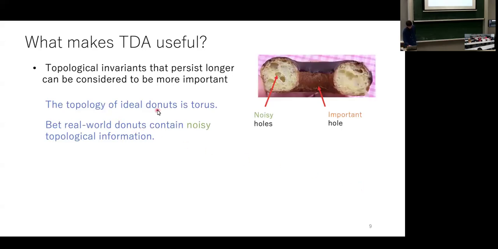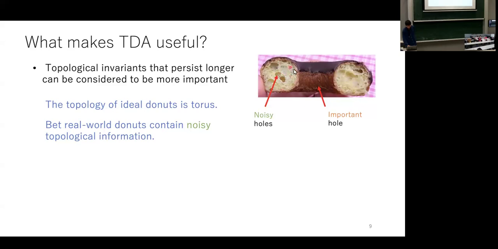For example, we usually say that a topological donut is a torus, but real-world donuts may contain very noisy holes. This hole is very important, it makes a donut a donut, but there may be many more noisy holes. So we want to discriminate noisy holes from important holes.